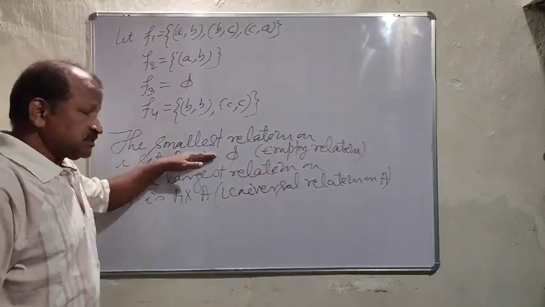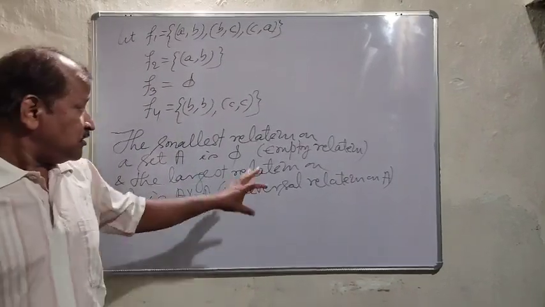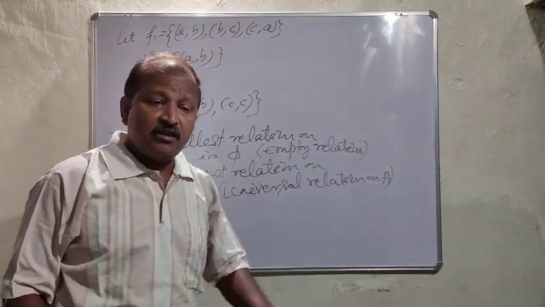Okay, this is the smallest one, this is the largest one, which are called the trivial relations.